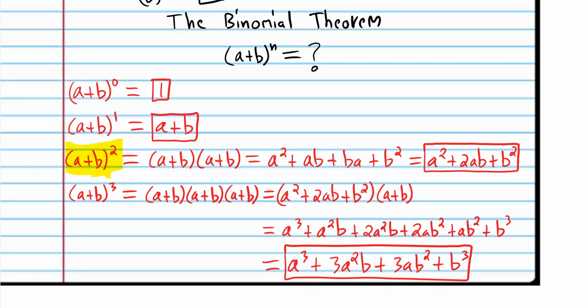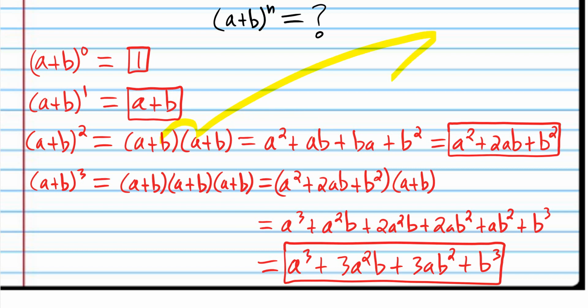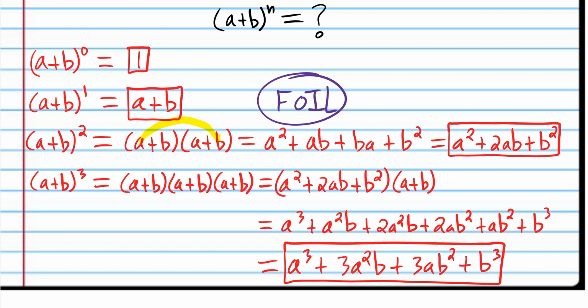If we raise to the second power, we have to use FOIL, because that's a plus b times a plus b. So we have a times a is a squared, a times b is ab, b times a is ba, and b times b is b squared. Again, we're multiplying the first terms, outside terms, inside terms, and the last terms.